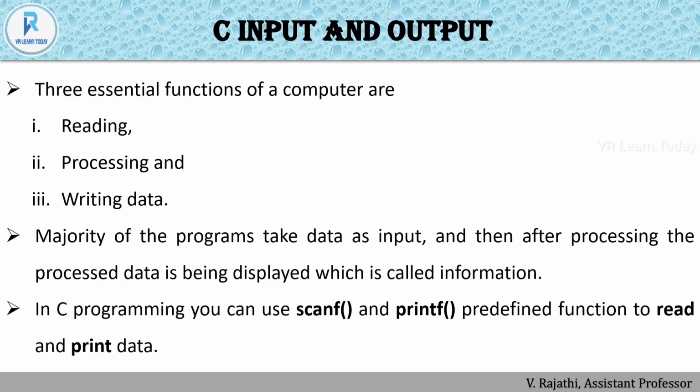If you want to read data from a user, you have to use the scanf function. After processing we go for writing, which is nothing but displaying. For displaying data we use the printf statement. Whatever you give within the double quotes in a printf statement is printed as it is on the output screen.